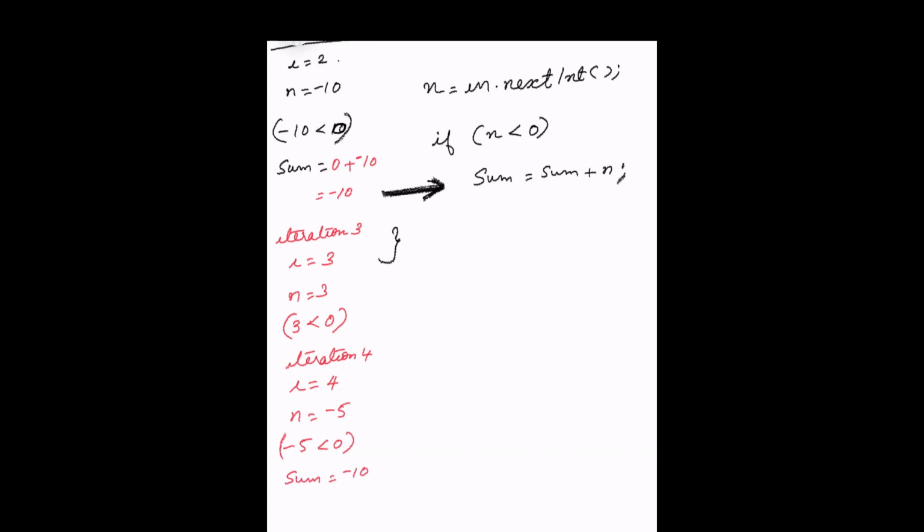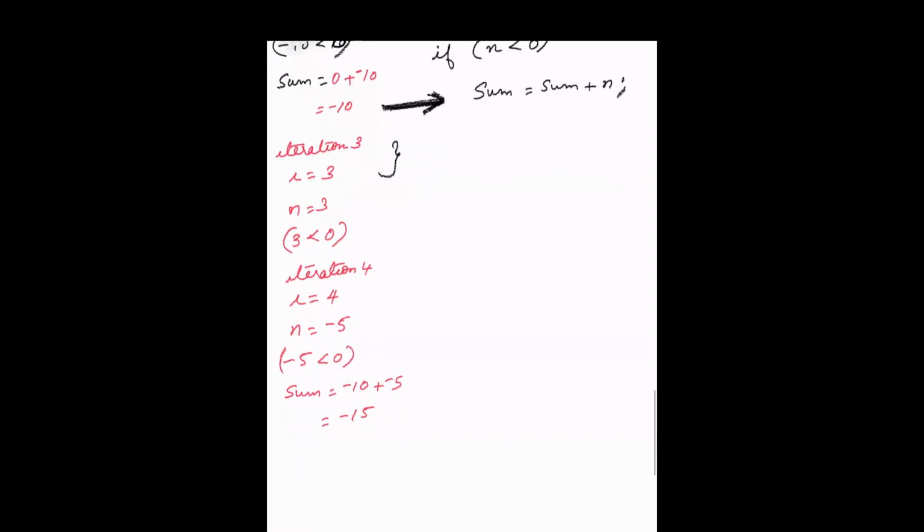So sum plus n, which is -5, would be -15. You understood? So only for the values that you enter which are smaller than 0, it will add. Anything which is 0 or greater than 0, it will not add to the sum variable. Do you understand this? Yes.